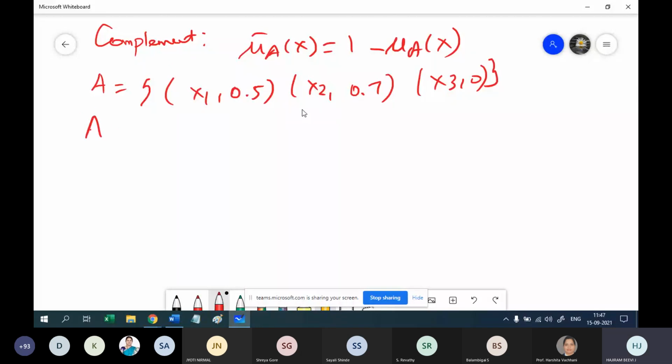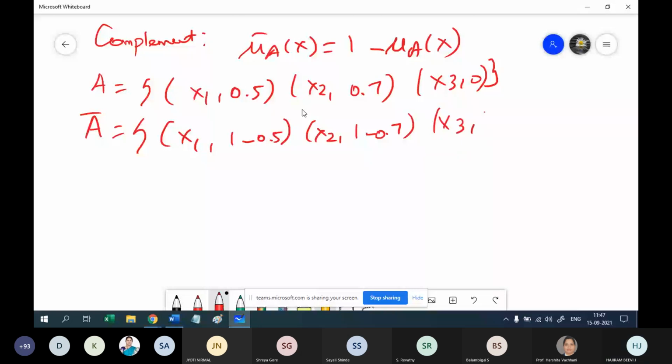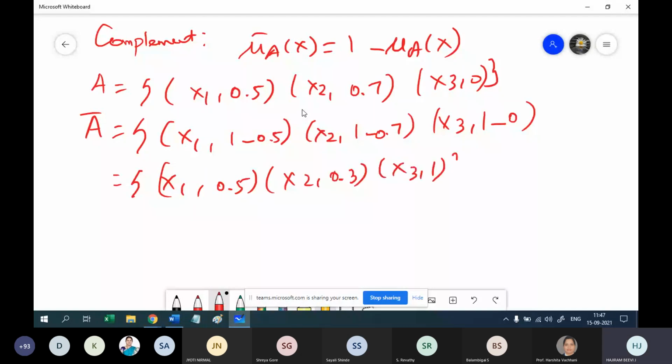Then A bar is x1 1 minus 0.5, x2 1 minus 0.7, x3 1 minus 0. So the values are x1 0.5, x2 0.3, x3 1. This is the complement value. Okay, we'll see the problem now.